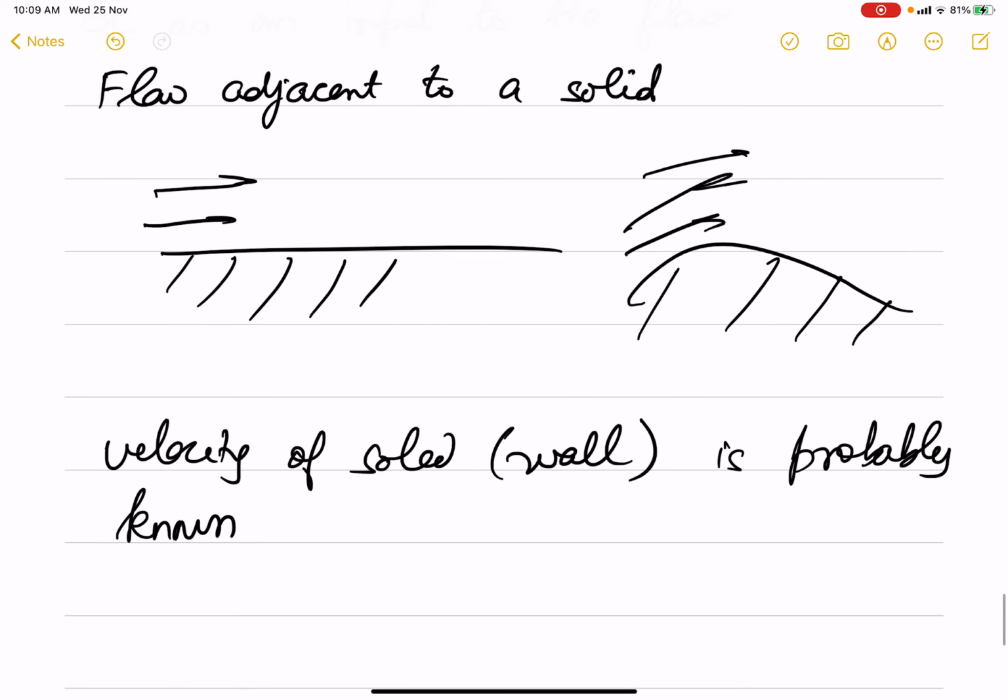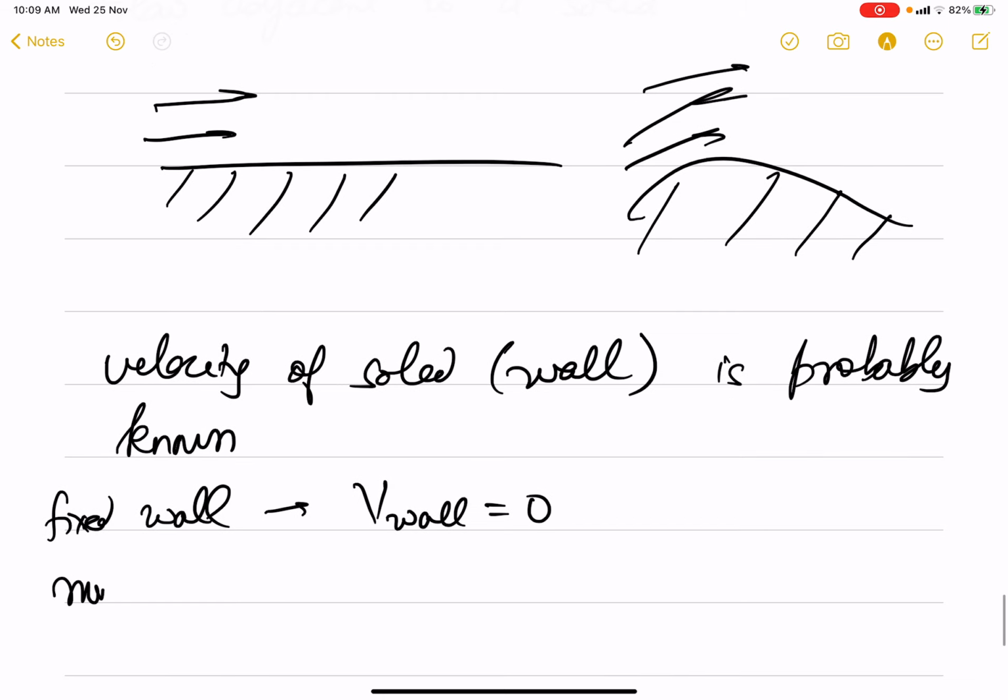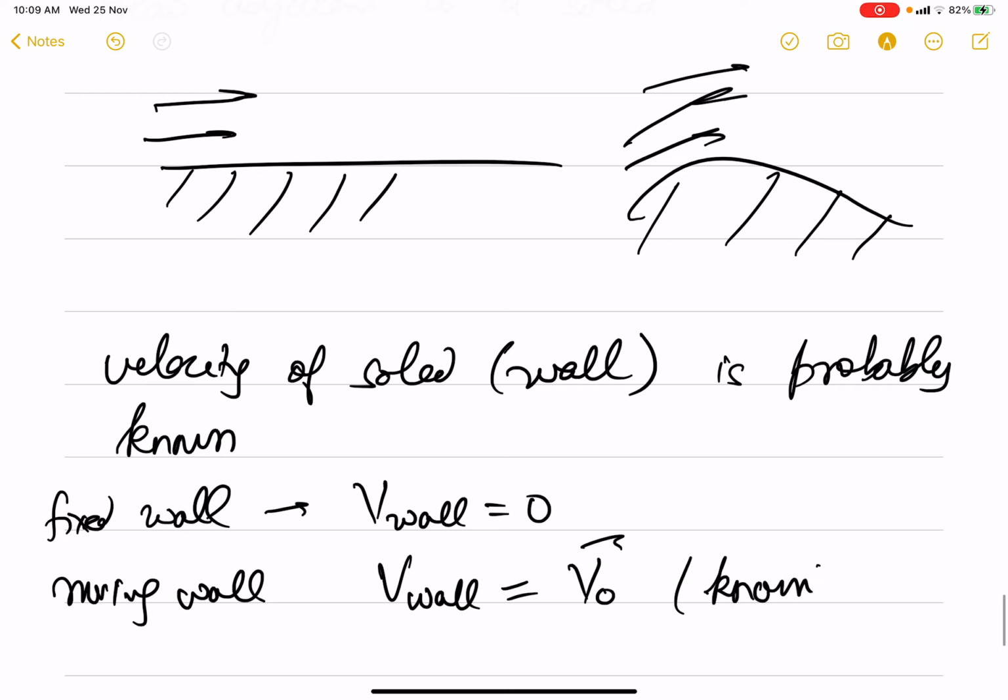If it is a fixed wall, then we know the velocity of the wall is 0. If it is a moving wall, then the velocity of the wall will be something like V0, which would be known from the problem.